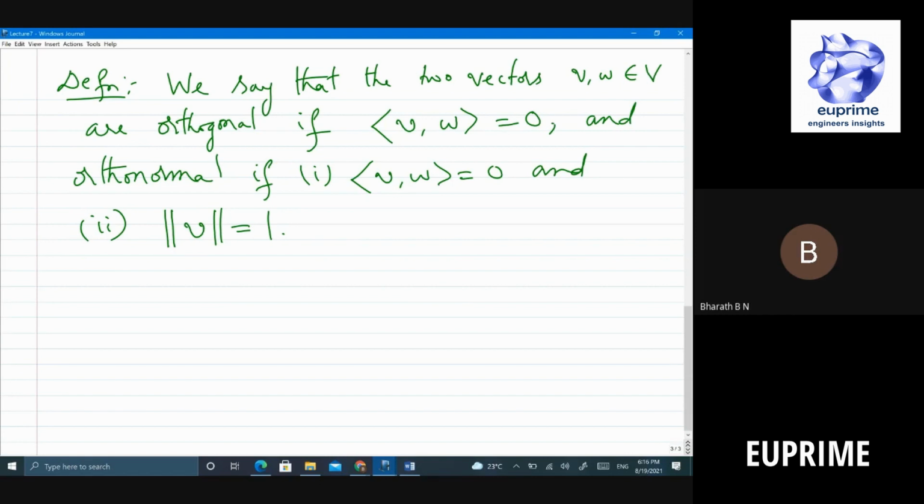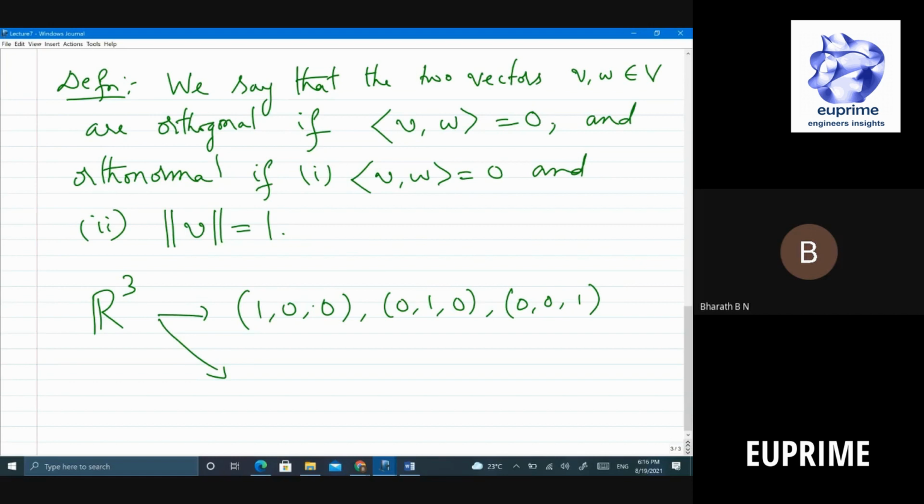There are several examples. So what is an orthonormal basis in R3? Easy: (1, 0, 0), (0, 1, 0), and (0, 0, 1). Are there any other examples of an orthonormal basis?